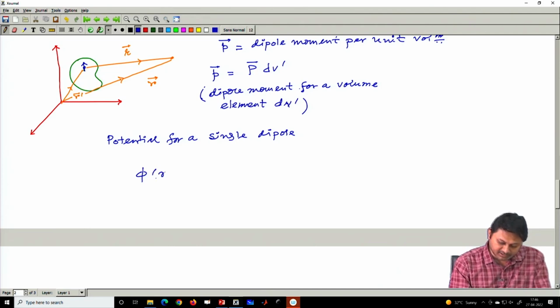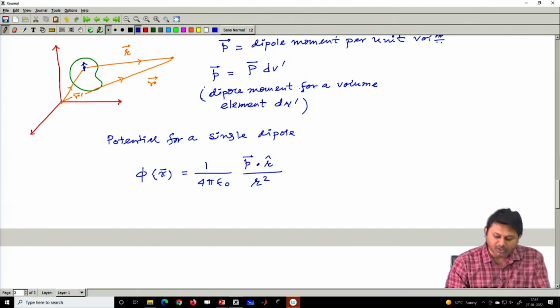We calculated this, it is equal to 1 by 4 pi epsilon 0, dipole moment dot r unit vector divided by r square, because the potential for a dipole goes like 1 by r square. So, this is the form.